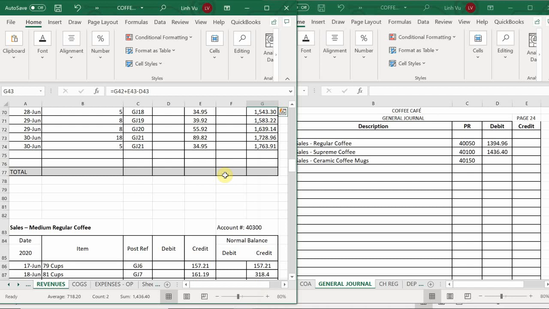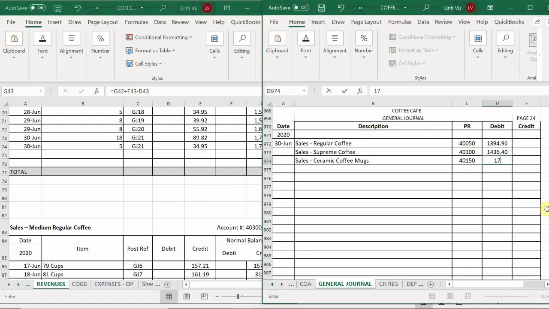How much do I need to debit my account for? 1763.91. Now this is where you can make typos, so make sure that you are pretty careful.